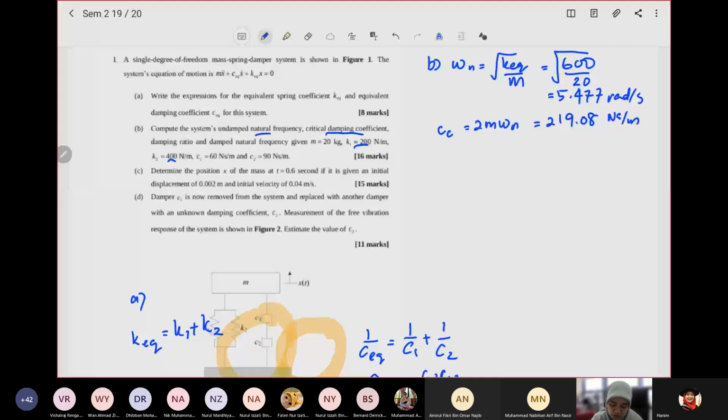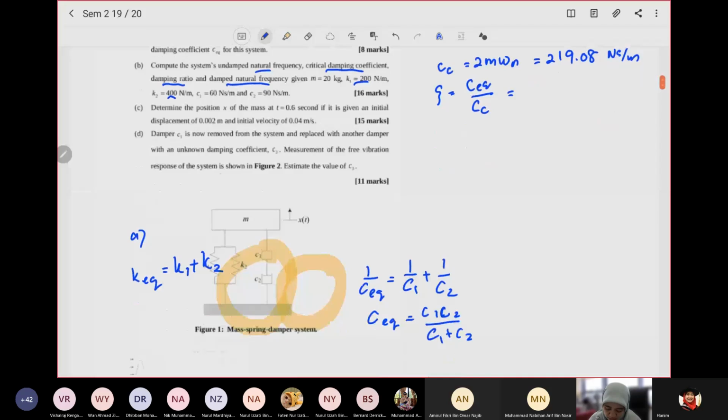And then you have to calculate your damping ratio, and damped natural frequency. How do you calculate your damping ratio? You take a look at the list of equations. You have your C equivalent divided by CC.